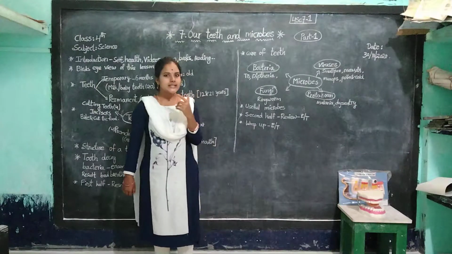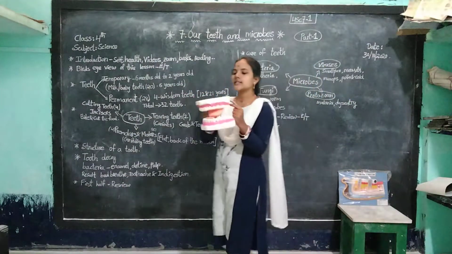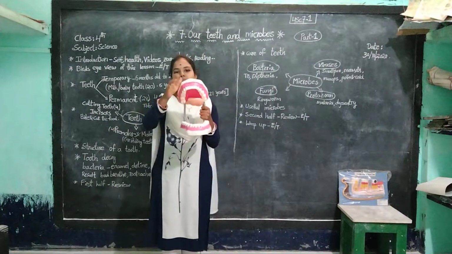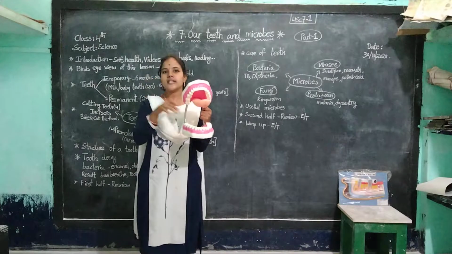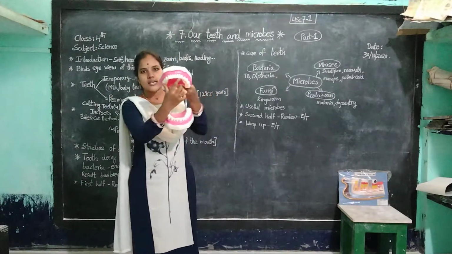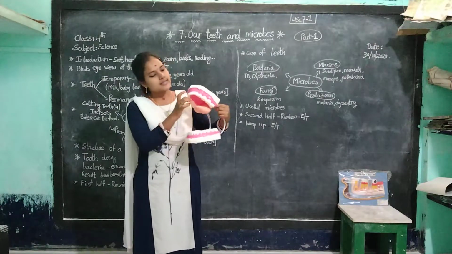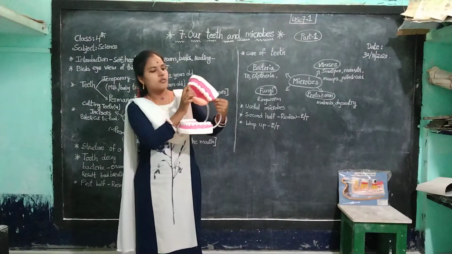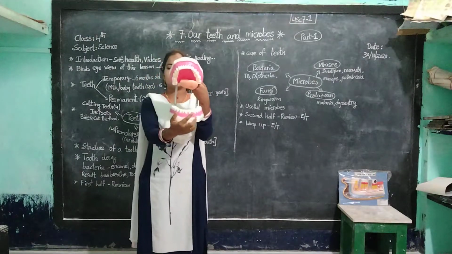Each jaw means, once you see, there are 2 jaws. This is the upper jaw and this is the lower jaw. In the upper jaw there are 4 incisors. అవి ఏంటంటే చూడండి, ఈ మిడిల్ లో ఉన్నాయి కదా 4, those 4 are called incisors. Middle 4, 1 2 3 4.